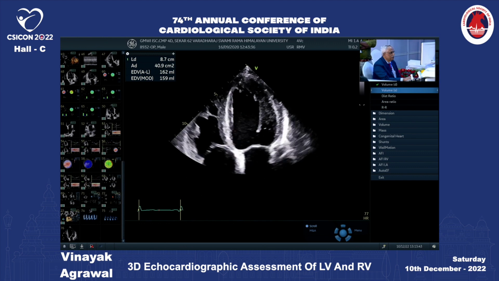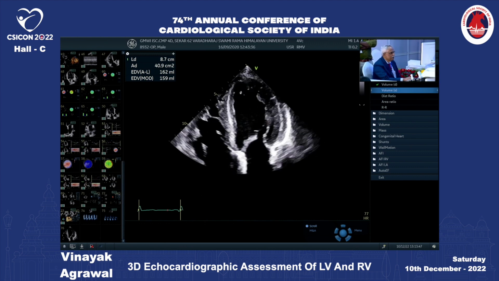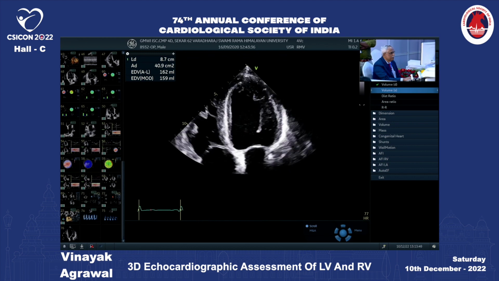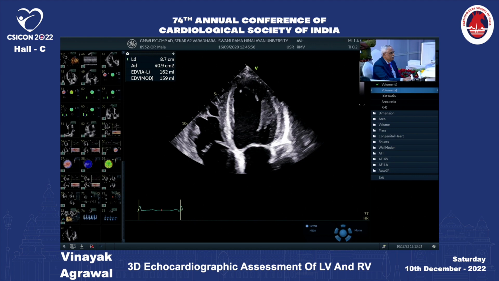Okay. Then we go to the systolic frame. We just go in systole like this. Now the mitral valve starts opening. The frame before the mitral valve opens is the end systolic frame. So you have to roll it and go frame by frame and find it.